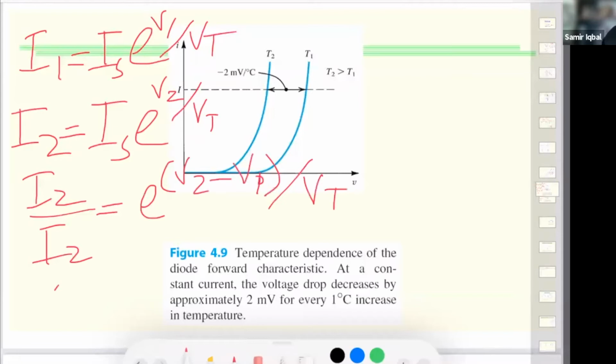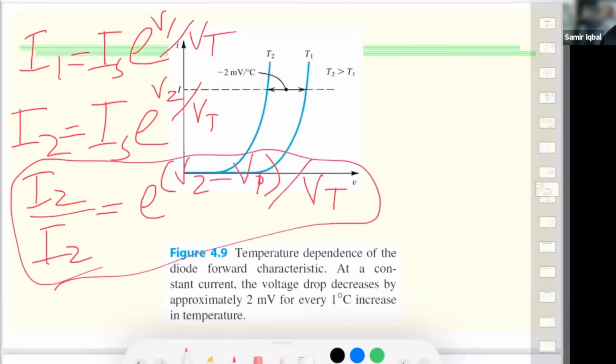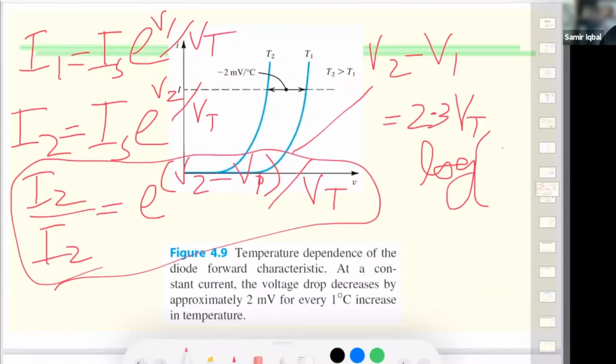So this is an exponential relationship, and I can do my log thing, and I get V2 minus V1 is equal to 2.3 VT log of I2 over I1. So the difference between two voltages can result in a log dependence on the currents.